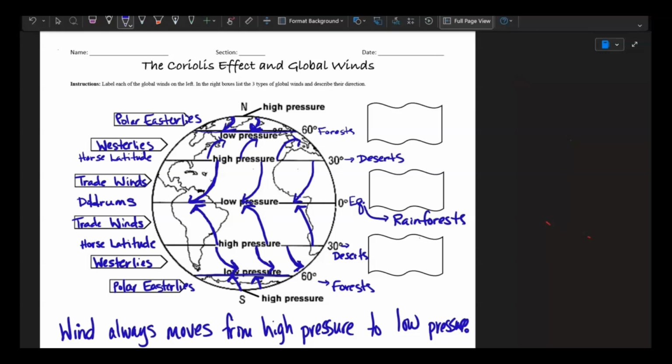All right, we've included a lot. Let's just recap our 3 kinds of global winds. So we had our polar easterlies, these go from east to west, and they are dry and cold. Then we have our westerlies.